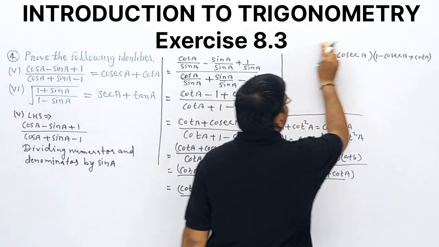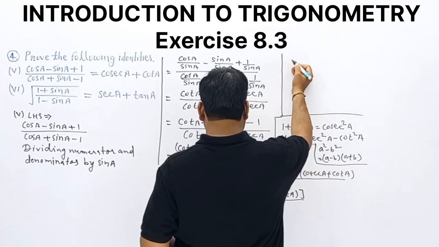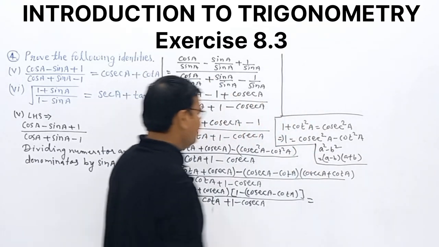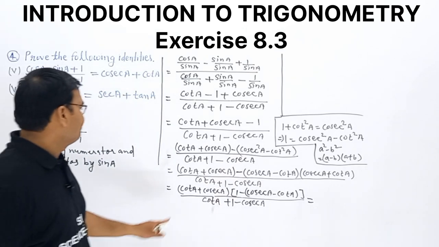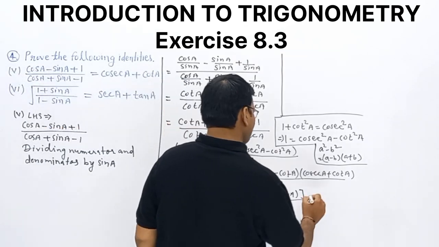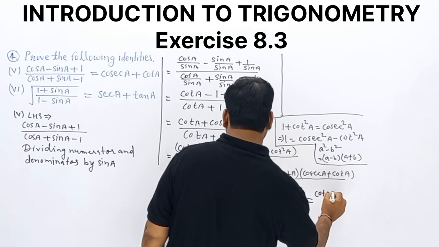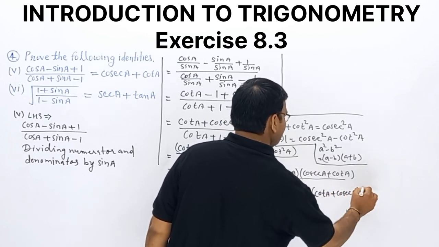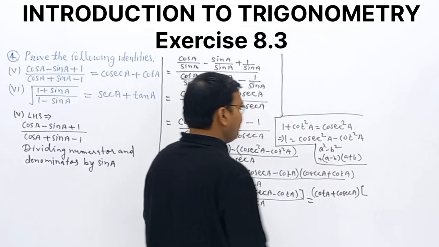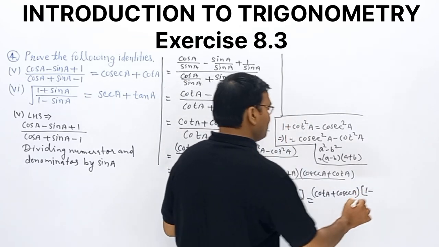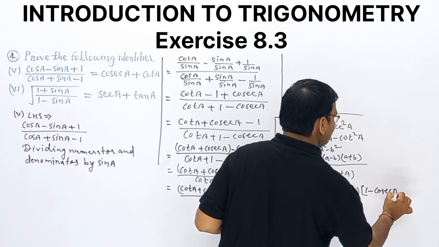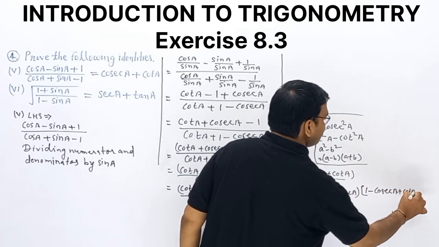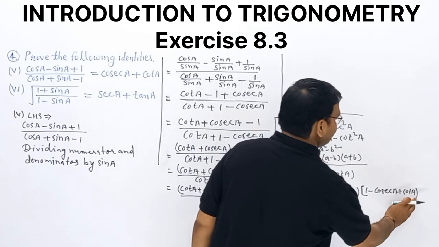Observe, this is the common. I am solving this: cot A plus cosec A into, in the bracket, 1 minus cosec A, minus into minus will be plus cot A. Clear?